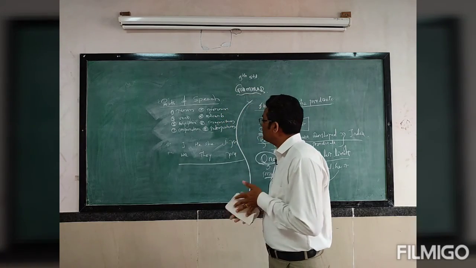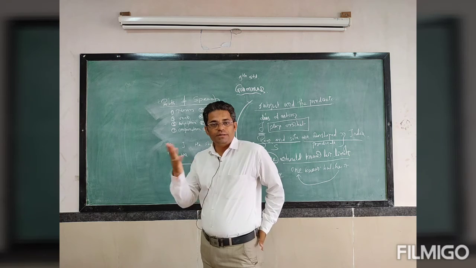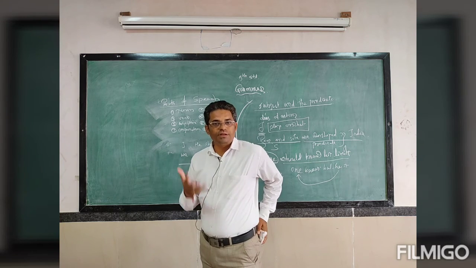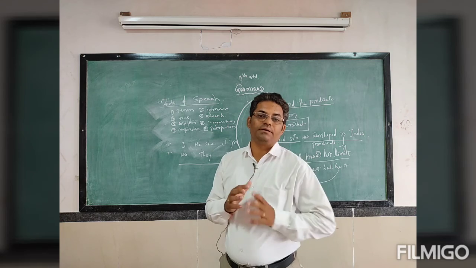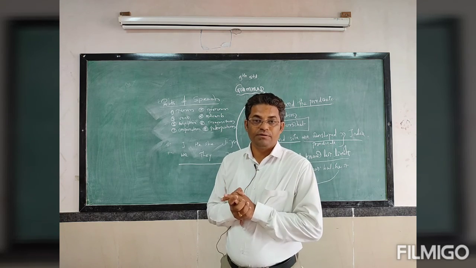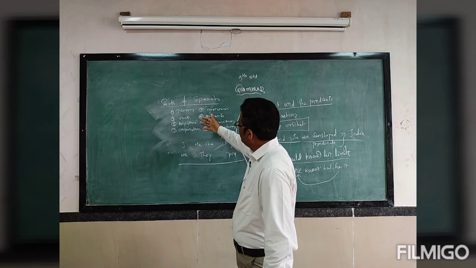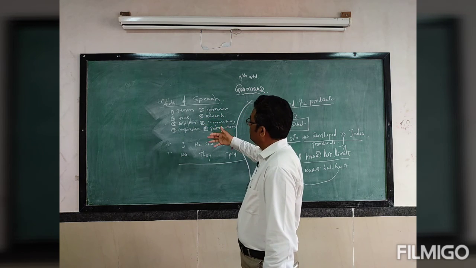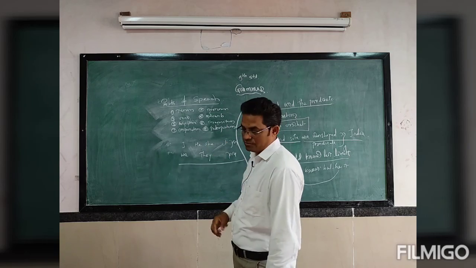Then there are types of verb, which we divide in many types: infinitive verb, verb forms, then transitive and intransitive verb. There are also types of adverbs, types of adjectives, types of prepositions, and types of conjunctions.